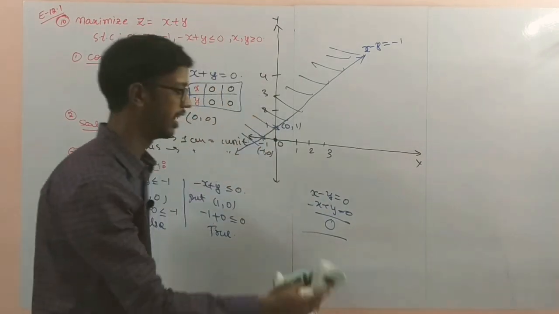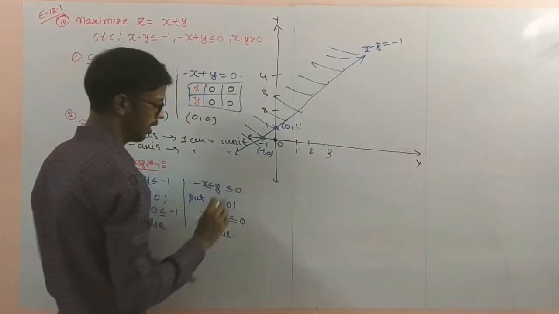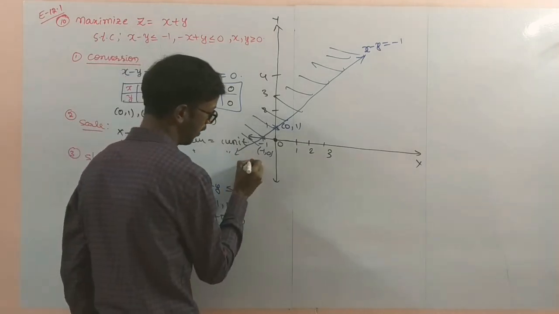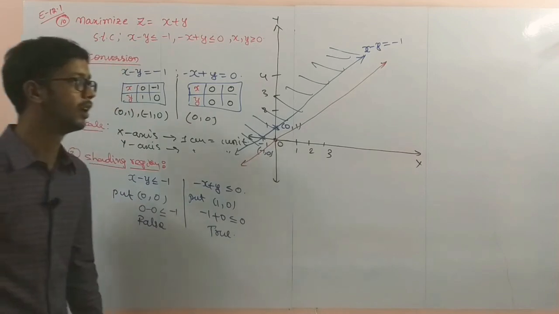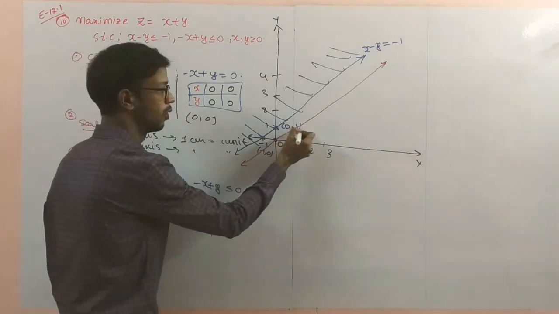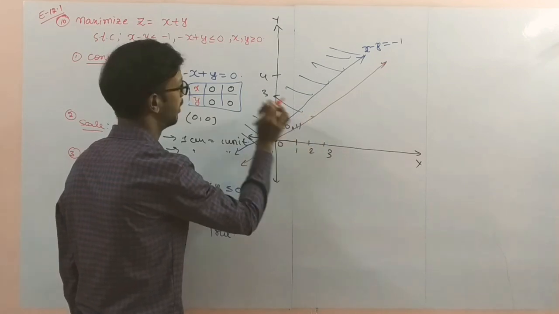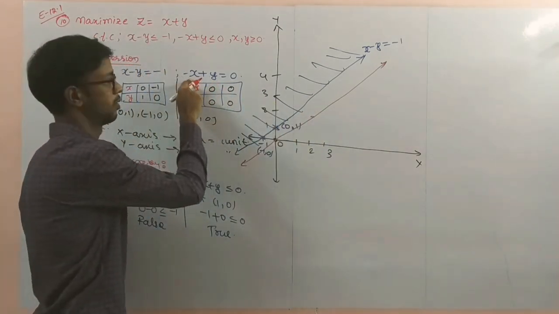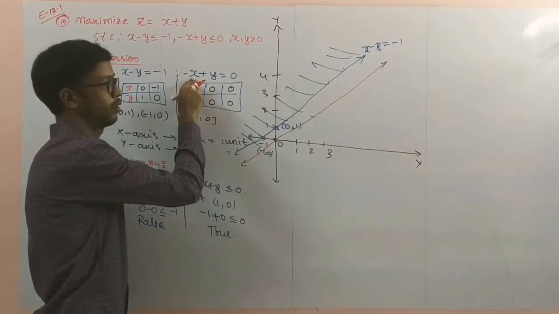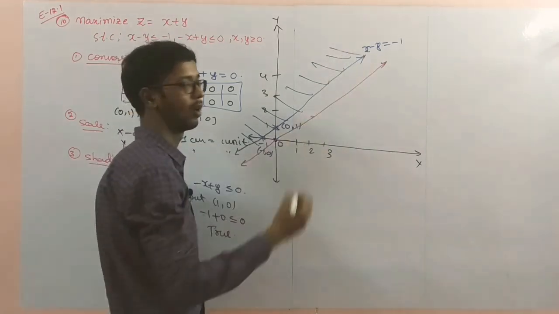There is no intersection point. So a straight line passing through the origin you have to draw. 1, 1 is 1, 2, 2 is 2, 3, 3 is 3. Because you substitute any point here, x is 1, y is also 1, x is 2, y is 2. So common points, a proper straight line you have to draw.